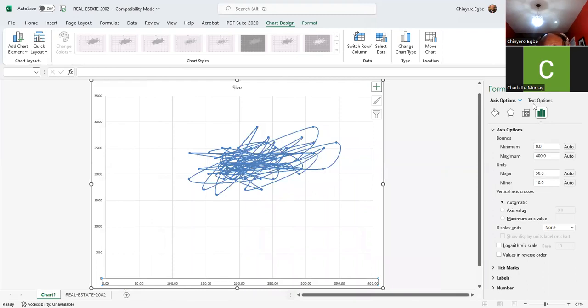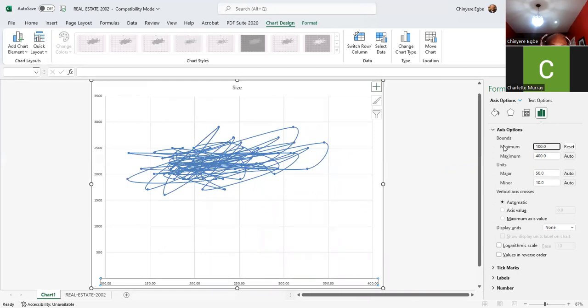Okay, so let's see. I'm trying to see if I can make it clearer for you. So it's more like it's going upwards. Is that correct? Yeah. Okay.